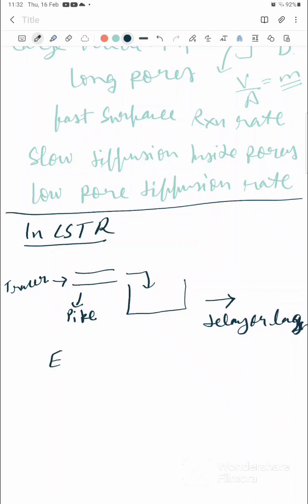So E(t) is defined as 1 by tau CSTR e to the power minus t upon tau CSTR. Okay.